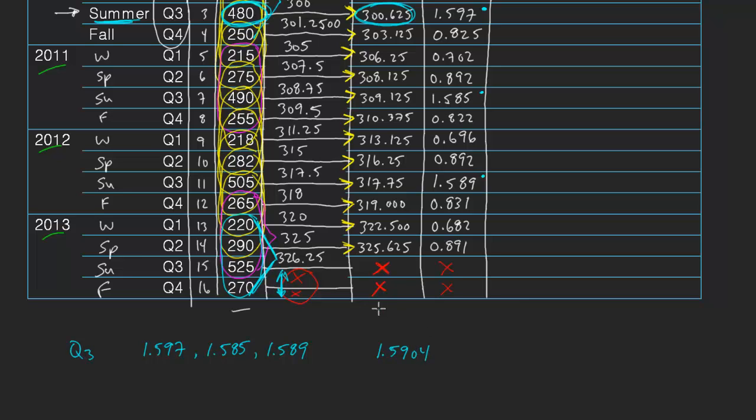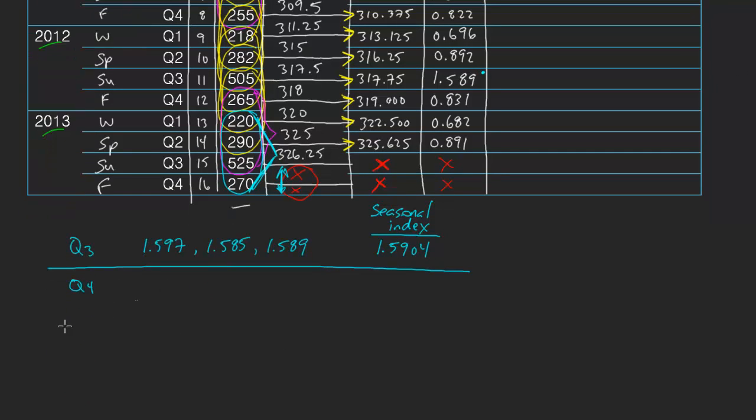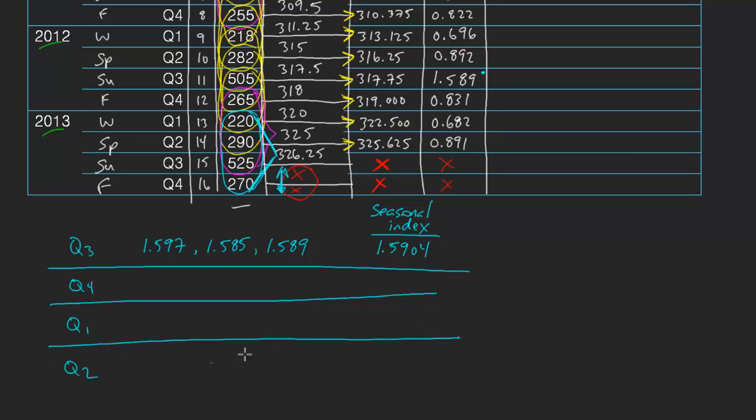This is what's called the seasonal index, and this is the seasonal index for Q3. We can also find the seasonal index for Q4, and for Q1 and for Q2. I know that these are out of order, but it doesn't really make any difference how we do this.